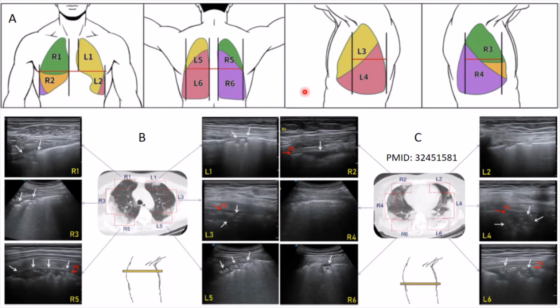This slide shows lung ultrasonography and chest CT findings of a 42-year-old female with COVID-19. Lungs are divided into 12 regions in Panel A. Panel B shows ultrasonography of the upper lungs: multiple B lines, abnormal pleural lines and consolidations (white arrow) are shown in all regions.